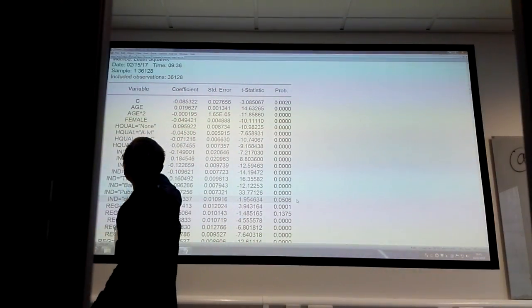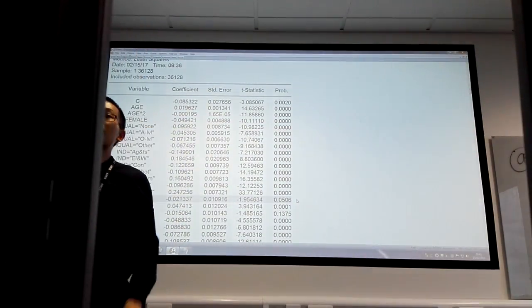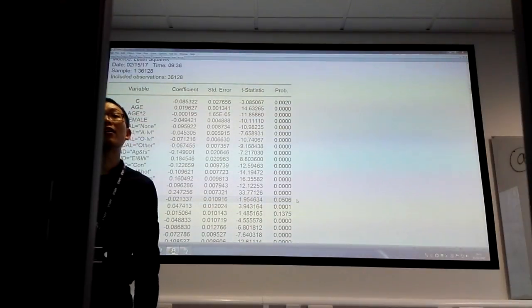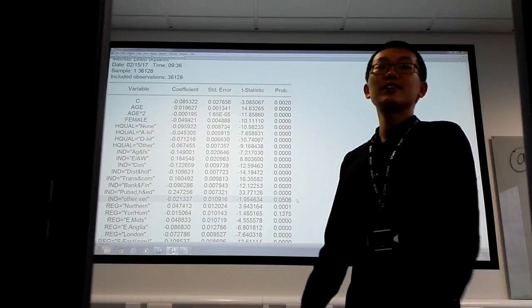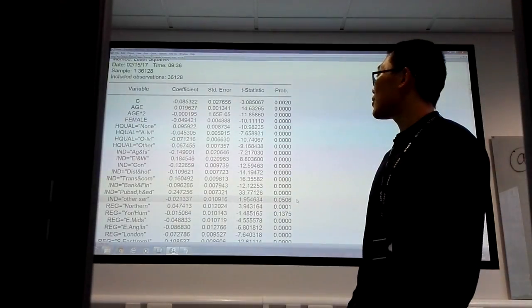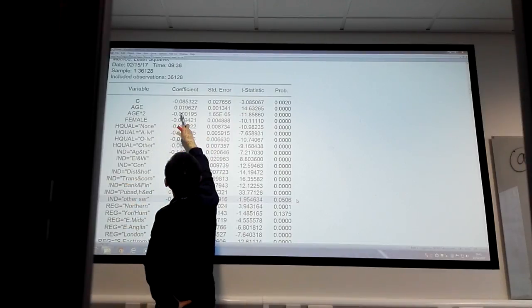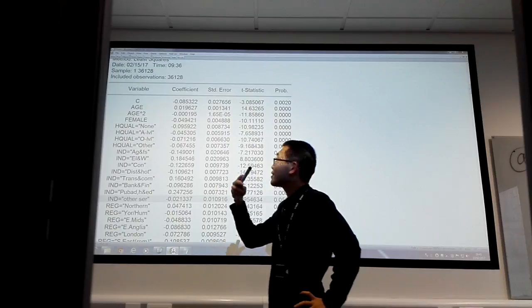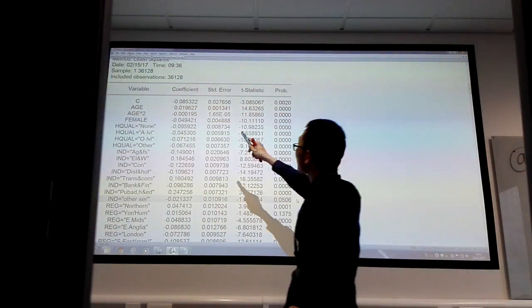Now, the tricky thing is how do we interpret the age effect? In this equation, we have two terms relative to age. We can't simply say that, given the same industry, the same region, the same qualifications, as long as the individual gets 1 year older, he is more eager to participate in the labour union by about 1% or 2% of chances.